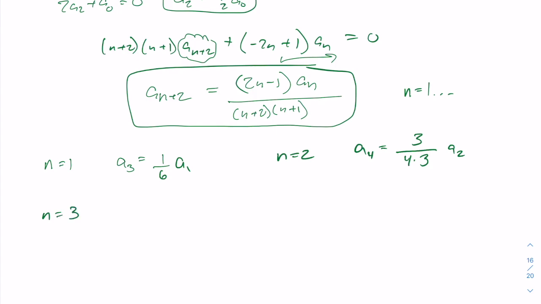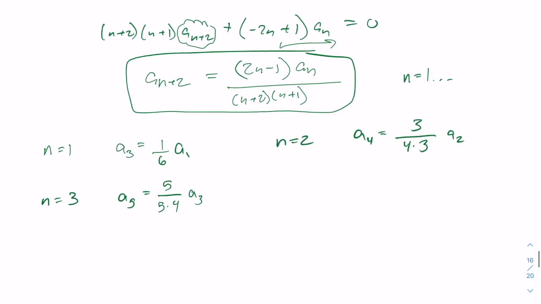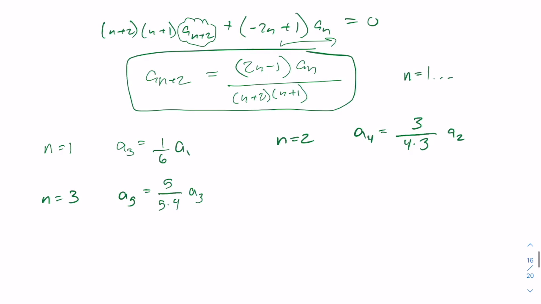Then n equals 3, I get a_5 equals, let's see, 1, 3, 6, 5, and then that's going to be 5 times 4, a_3. Okay. Let's just go ahead and simplify them. So it's going to be 5 a_3, that is this one right there. And so 5, 4, 3, 2, a_1.